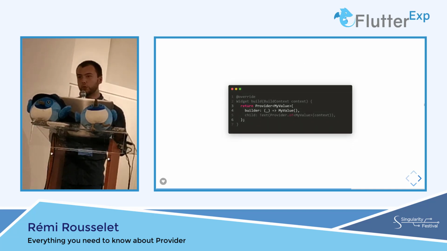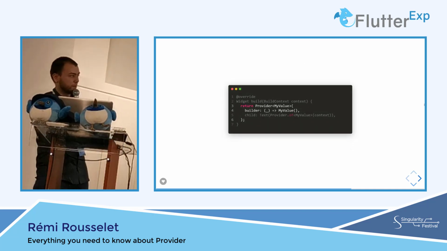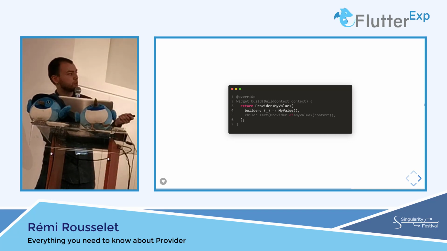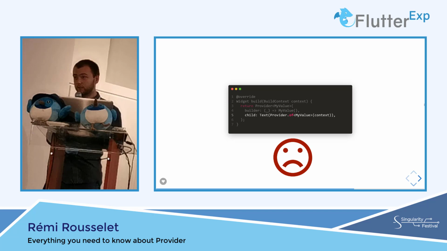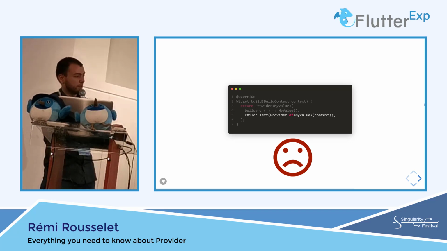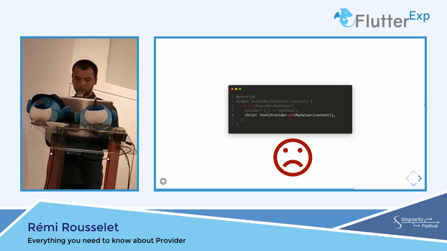And when we want to obtain our variable, for example, if we wanted to create a value with provider, and then we want to create a text from that variable, we may naively think that we can make such a tree and directly use the context passed to the build methods that we usually have in our widgets.